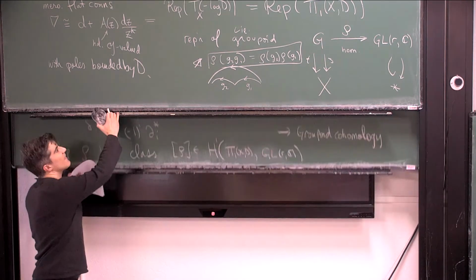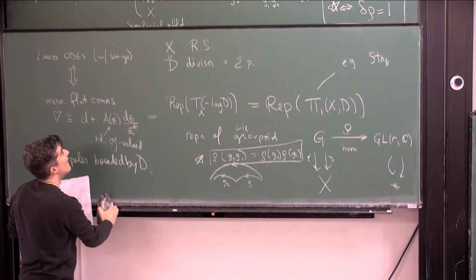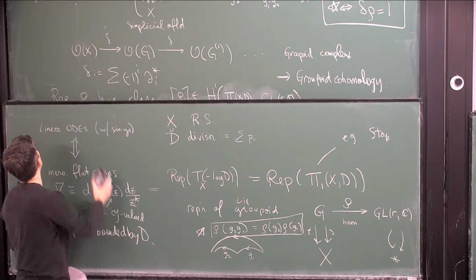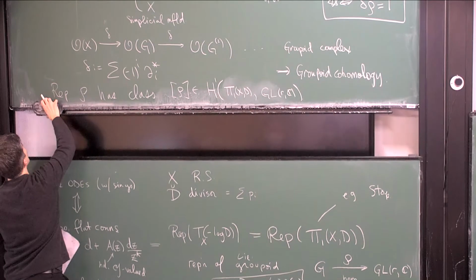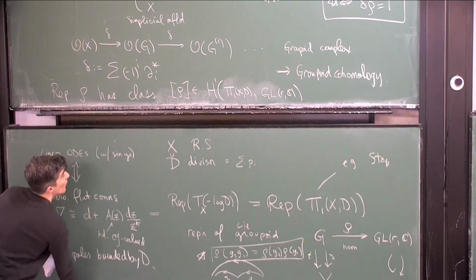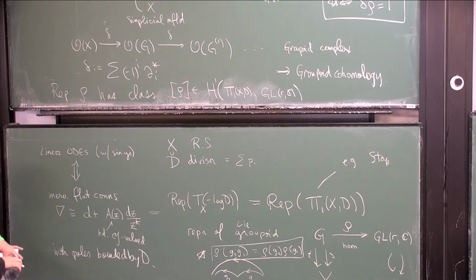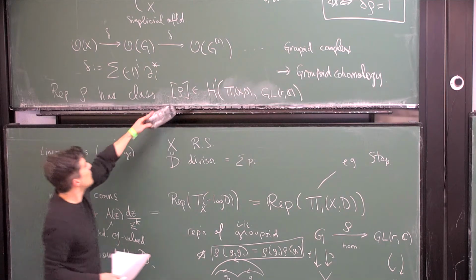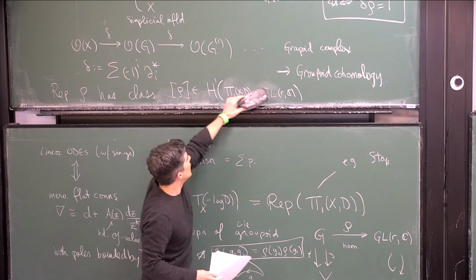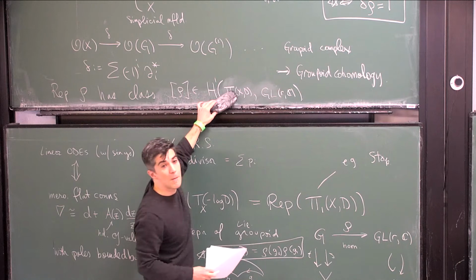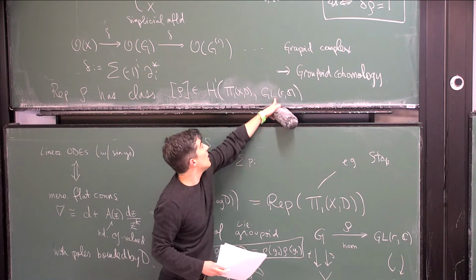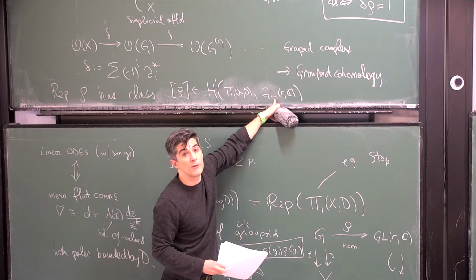Okay, so this is what you would call first non-abelian groupoid cohomology. Non-abelian because its coefficients are not an abelian group.